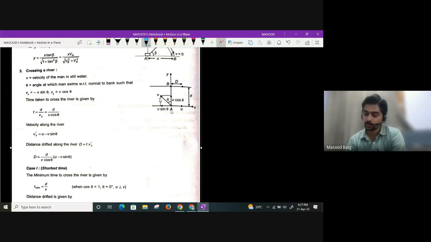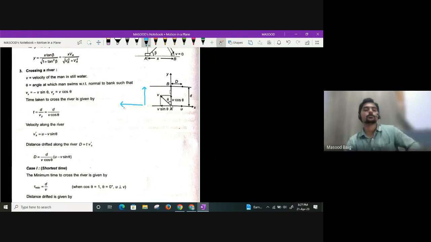Speed can be resolved into two components here: one is v cos theta, the other is v sin theta. In order to cross the river, should there be displacement in the y direction or the x direction? In the y direction.